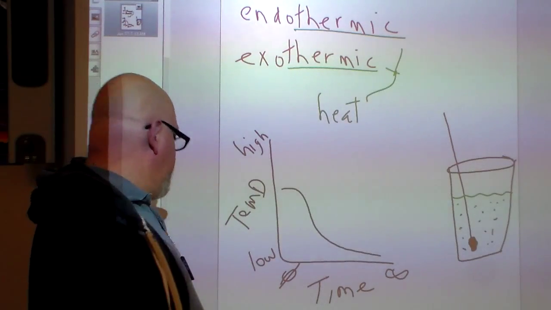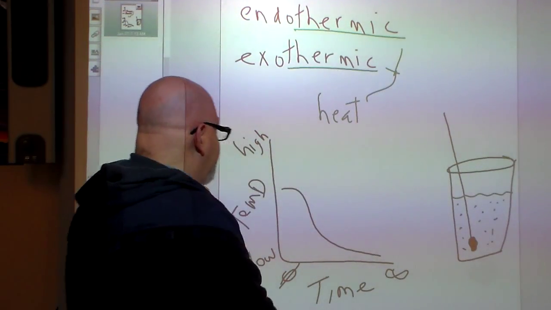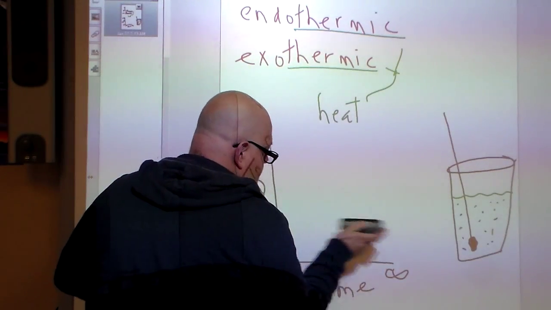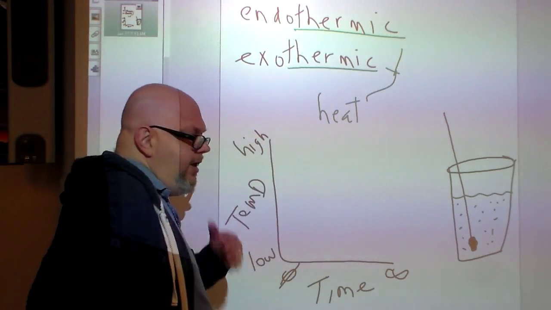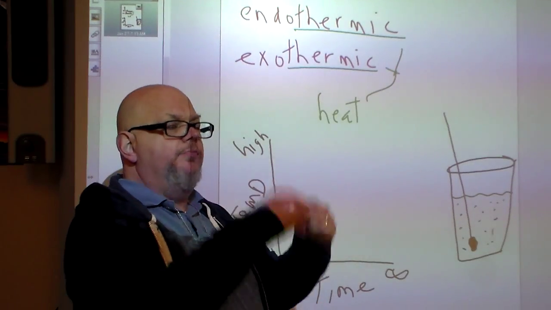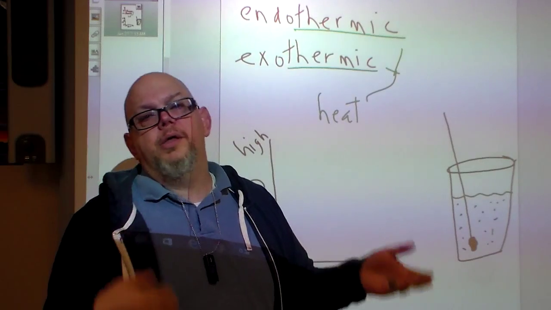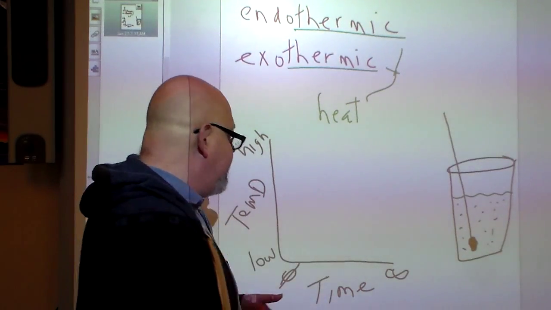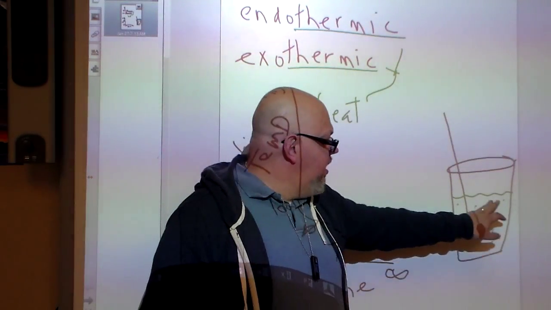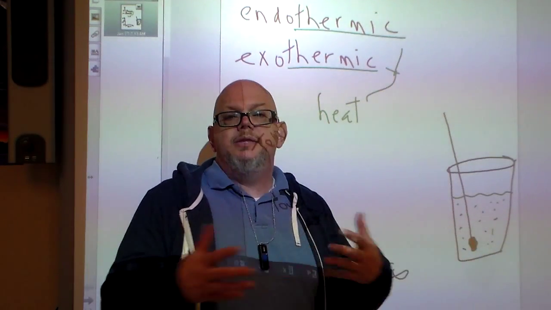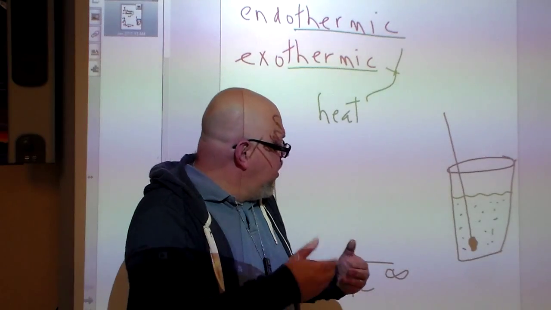Well, what about an exothermic reaction? Well, exo is the exact opposite. Okay? If we look at an exothermic reaction, we have reactants that are being broken up and bonds being formed. And what happens is you've got all this extra heat energy inside the solution, inside the reactants, as things are changing.